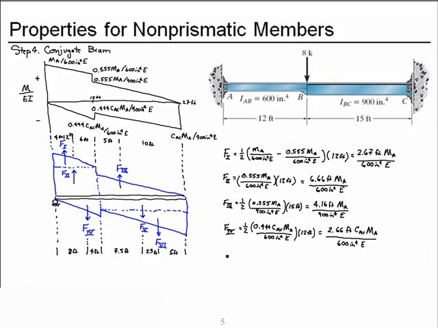Now load 5, or force 5. It's rectangular, so we just need the height, but the height is 0.444 carryover moment divided by the larger moment of inertia.